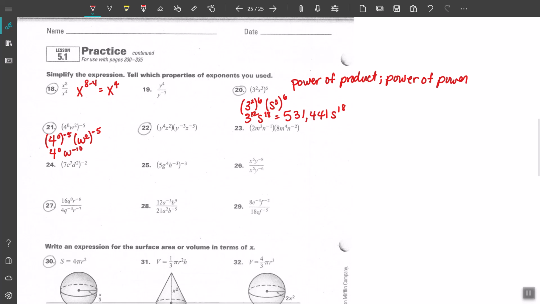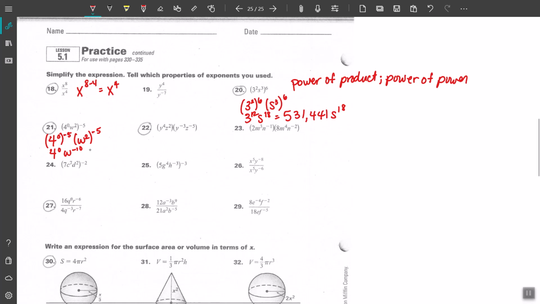All right, the property of zero exponents says that anything raised to the 0 power is just the number 1. So anything, whether it's a number or an exponent, anytime you see a variable or a number raised to the 0 power, it's 1.